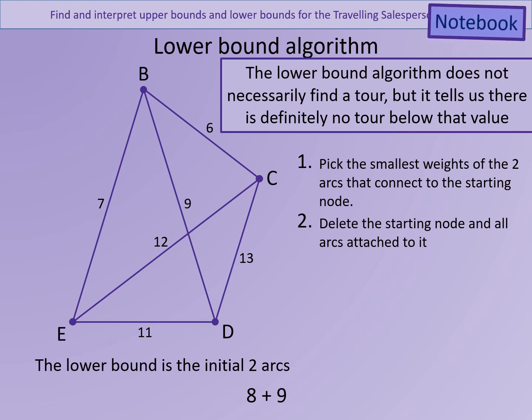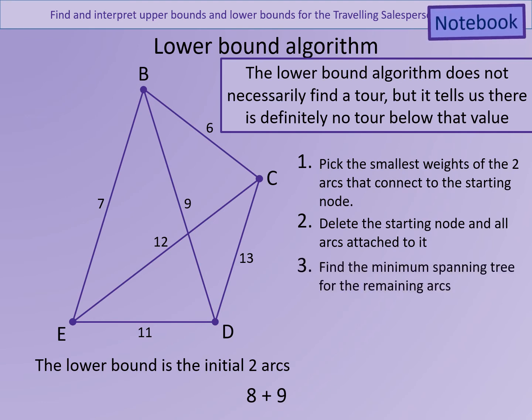And we're now going to look for a tree that connects those 4 vertices together. To do that, we can either use Prim's algorithm or Kruskal's algorithm to find the minimum spanning tree. Kruskal's algorithm gives us BC, BE and BD, as the 3 arcs in the tree.